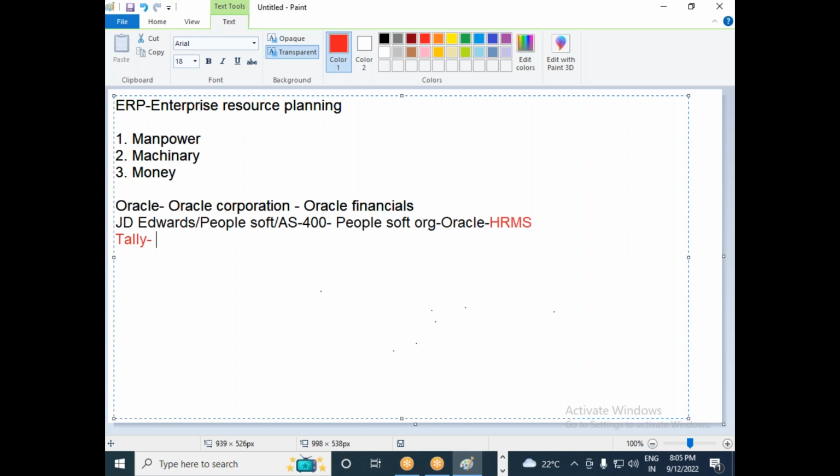SAP and Oracle are very, very big softwares, so you need to invest lots of money. It's not that easy. So if a company is a small-scale organization, then you can go for Tally as one of the software, for small and mid-size organizations.